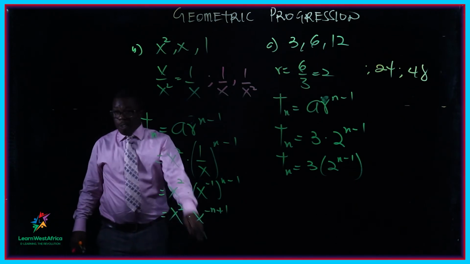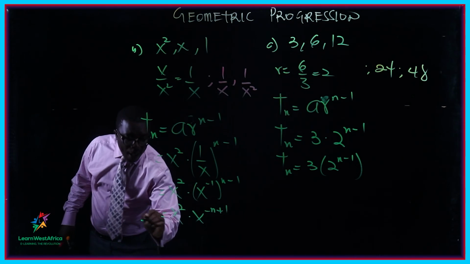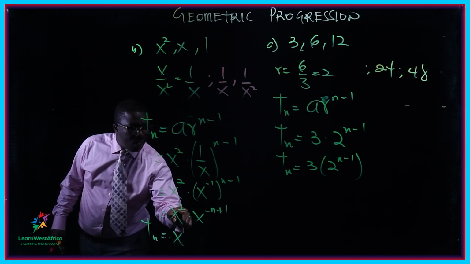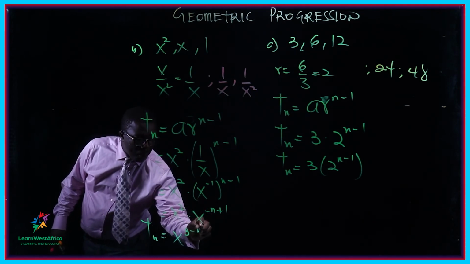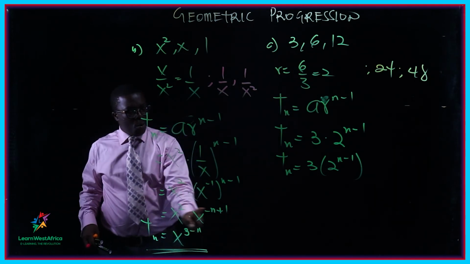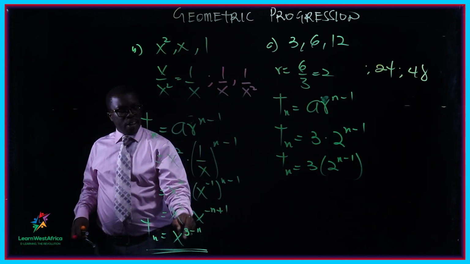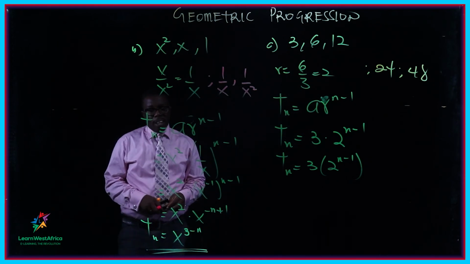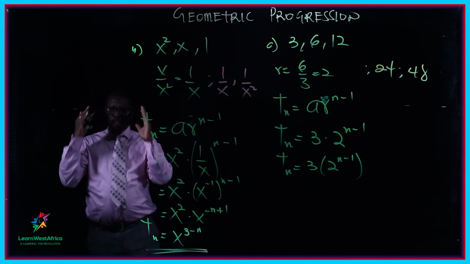Since the bases are the same, we just add the exponents. So our nth term is x to the power 2 minus n plus 1, which gives you 3 minus n. So this is the nth term of the geometric sequence. You understand that?